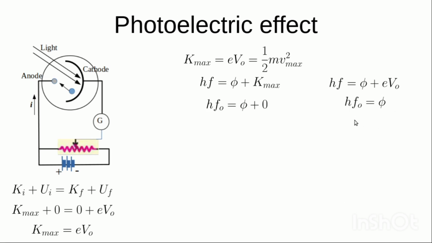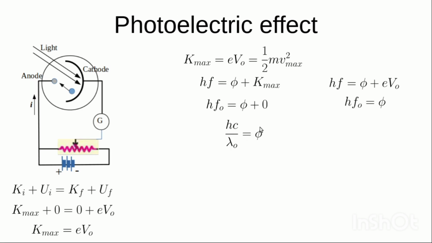But also, sometimes we might not want this formula, we want it in another form. So that gives us hc all over lambda naught equal to the work function. So we've established another formula. This lambda naught is the cutoff wavelength or the threshold wavelength, which is equal to what?